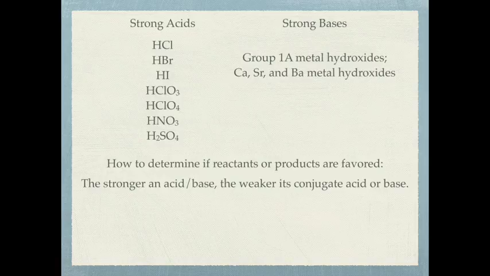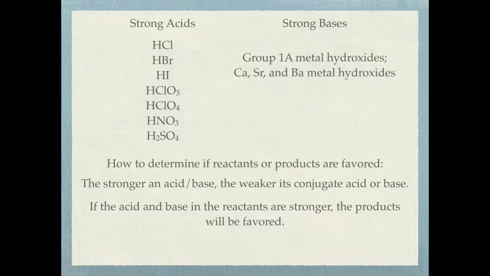So again, how does that help us to determine if reactants or products are favored? Well, if you have an acid and a base in the reactants that are strong, that means that the reaction is going to proceed to the right more than it proceeds to the left because its conjugate acids and bases are going to be weak, and therefore the products will be favored.